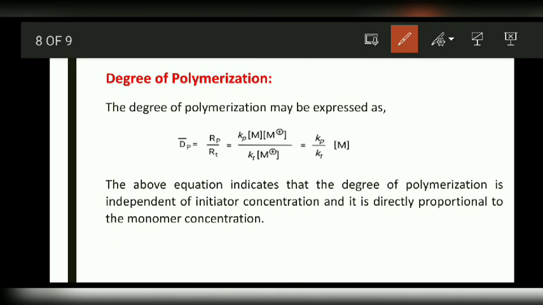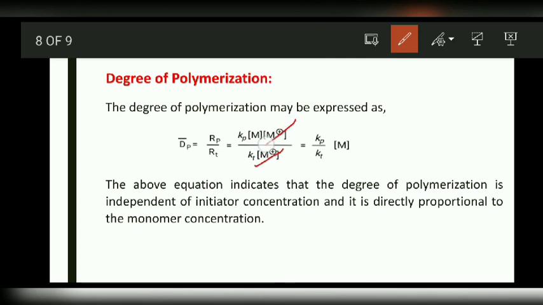So, write the equations. The rate of propagation equation is Kp into molar concentration of monomer into molar concentration of M plus, and the rate of termination equation is Kt into molar concentration of M plus.